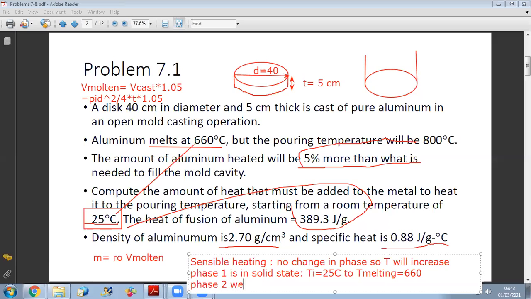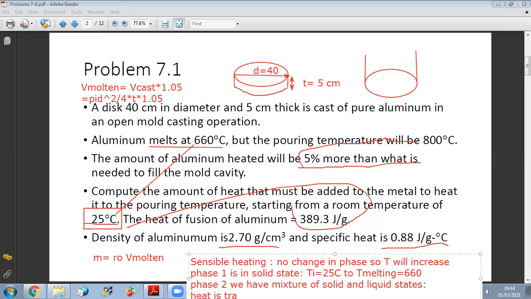The heat absorbed will not be transformed into an increase of temperature, but will be used to change phase from solid to liquid. So in phase two, we have a mixture of solid and liquid states. In this case, heat is transferred in the form of latent heat.